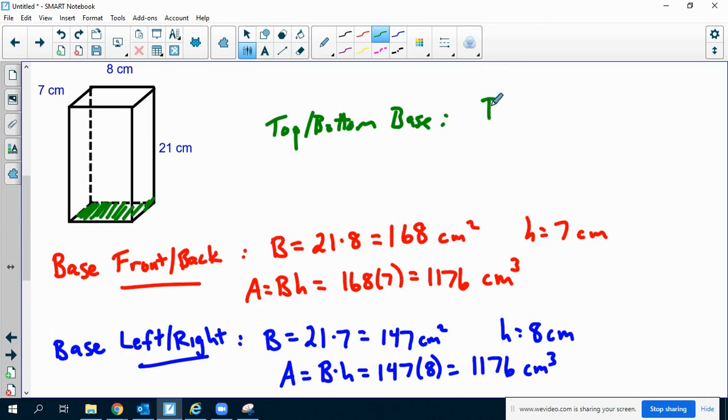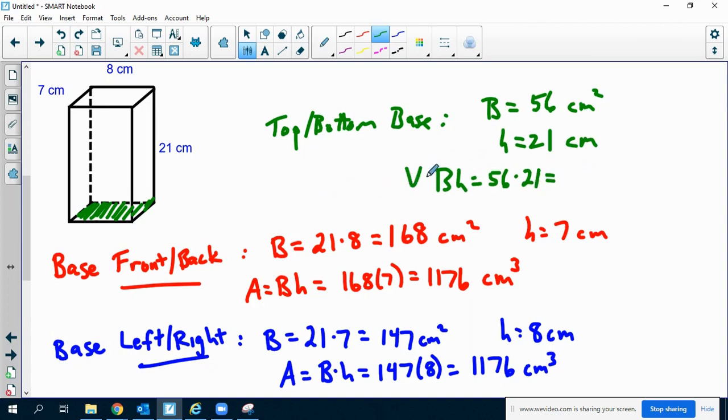What I will do is the area of the base is 7 times 8, which is 56 centimeters squared. Then the height is going to be 21 centimeters. So base times height is 56 times 21, which is going to be the volume.